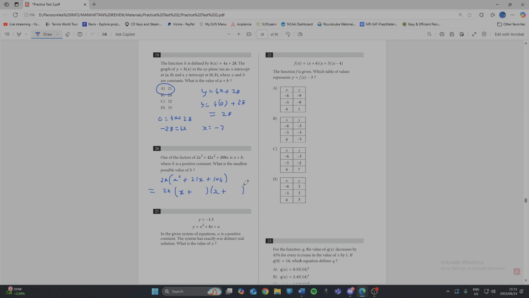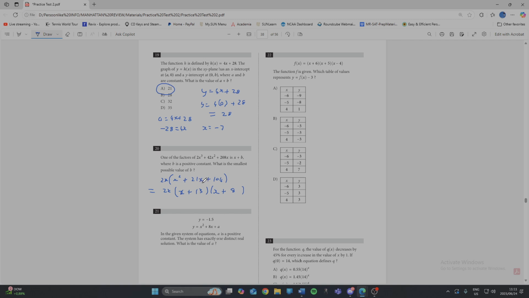So let's think about what gives us 104. I think 13 times 8, and then 13 plus 8 is also 21. So we would use 13 and 8, of course. 13 times 8 gives us 104, but 13 plus 8 also gives us 21, so it satisfies our conditions.